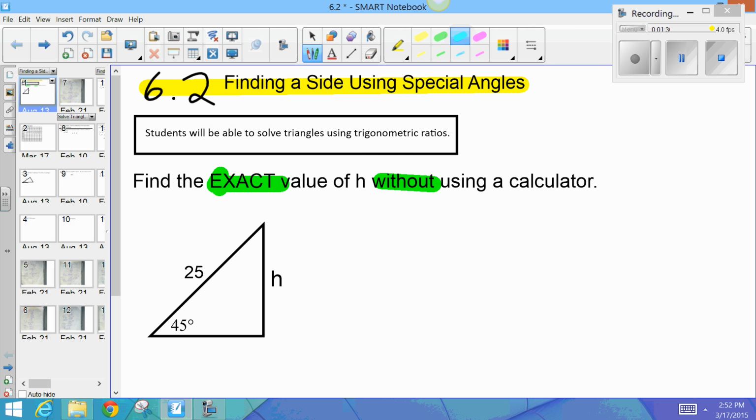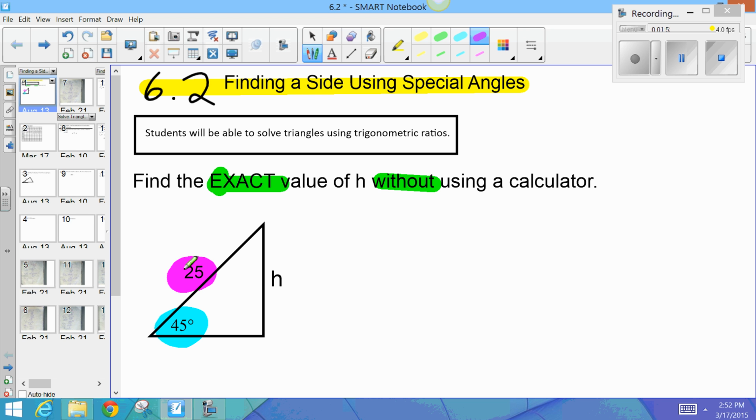I am given the angle 45 degrees, which is one of the special angles that's on your trig card. I want to write an equation in terms of that 45 degree angle, and I'm given one side of the triangle.